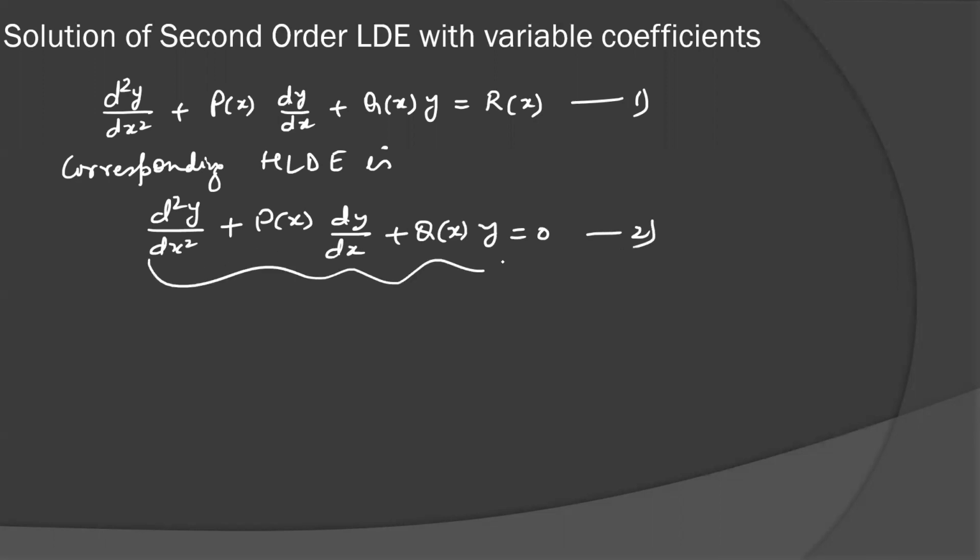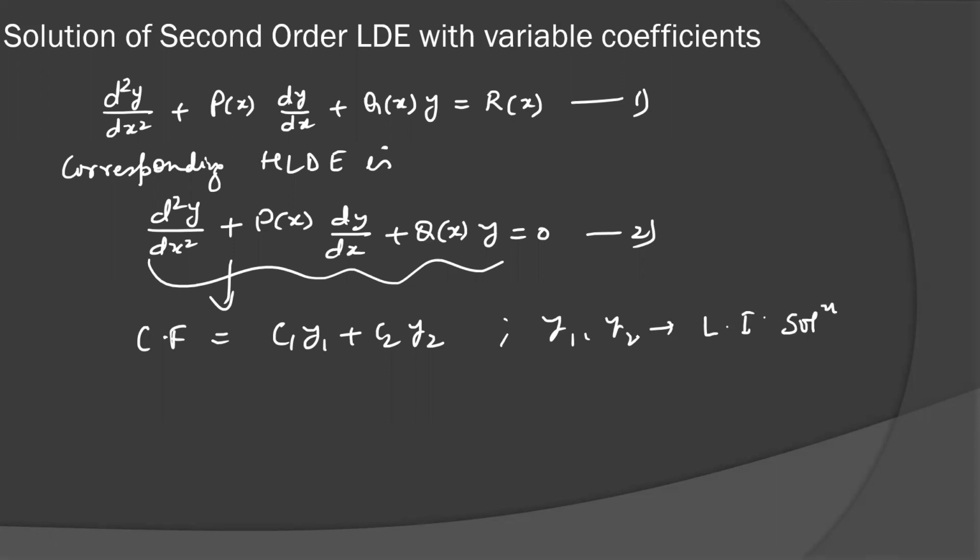This is a second order differential equation, so its complementary function will be written as c1 y1 plus c2 y2 type, where y1 and y2 are two linearly independent solutions of the homogeneous part, and we claimed that one part is known. We discussed the first case as e to the power x. Then the relation between p and q is a square plus pa plus q equal to 0, where p and q are functions of x.